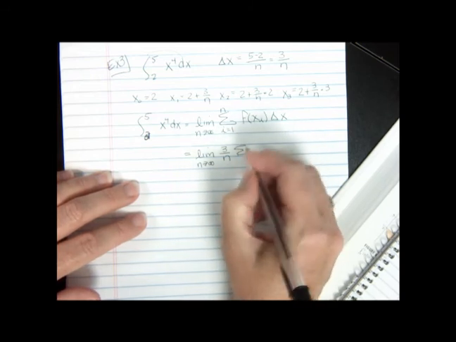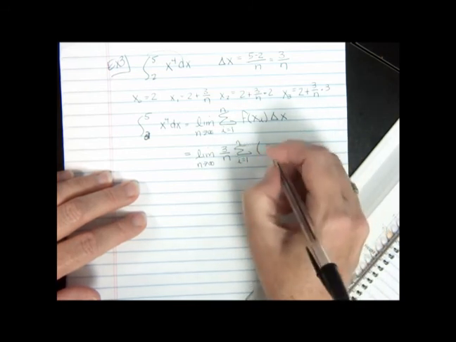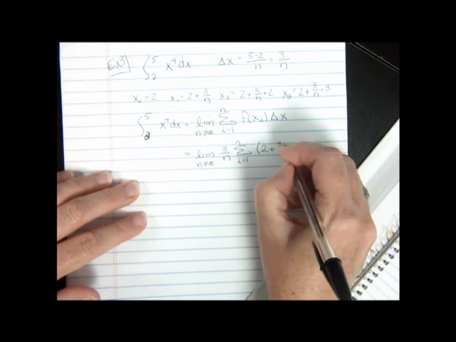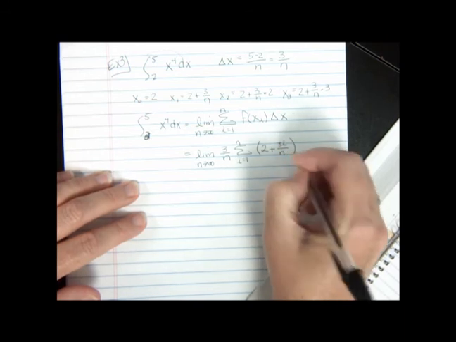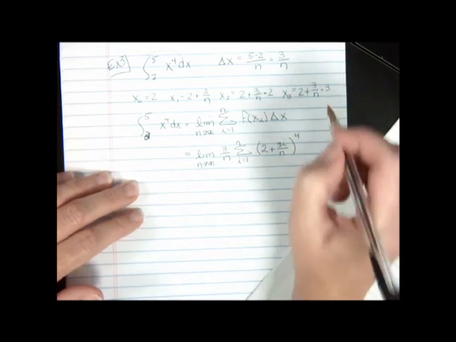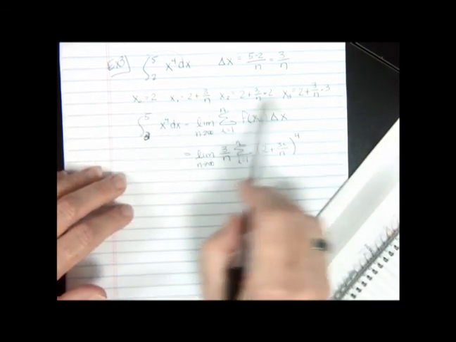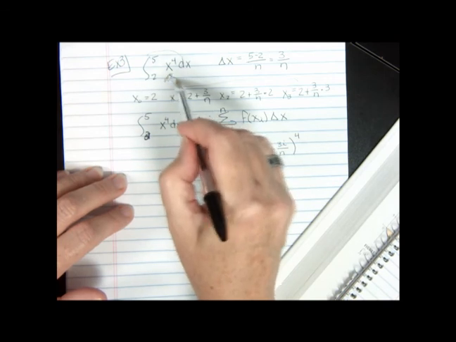I'm going to run the sum from 1 to n of 2 plus 3i over n, all to the 4th power. Remember, these are my x values. When I put them into my function, I raise them to the 4th power.